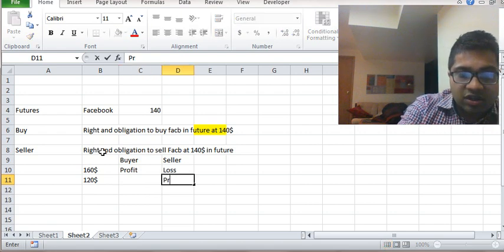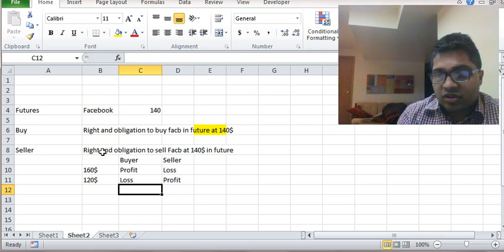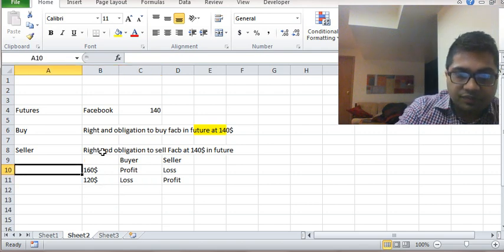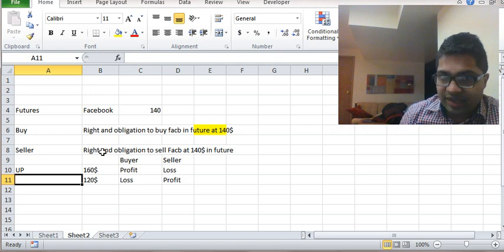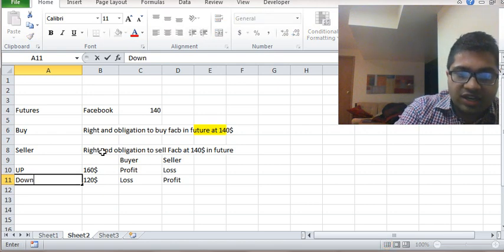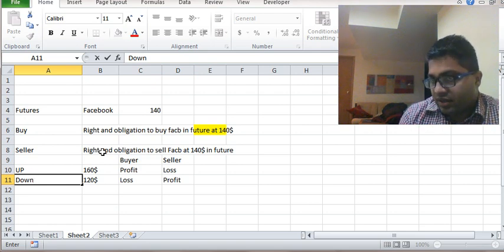So there is profit for the seller and a loss to the buyer. So if the price goes up, the buyer makes profit and the seller makes loss. If the price goes down, the buyer makes loss and the seller makes profit. So this is exactly the same as a forward. So what is the difference now?